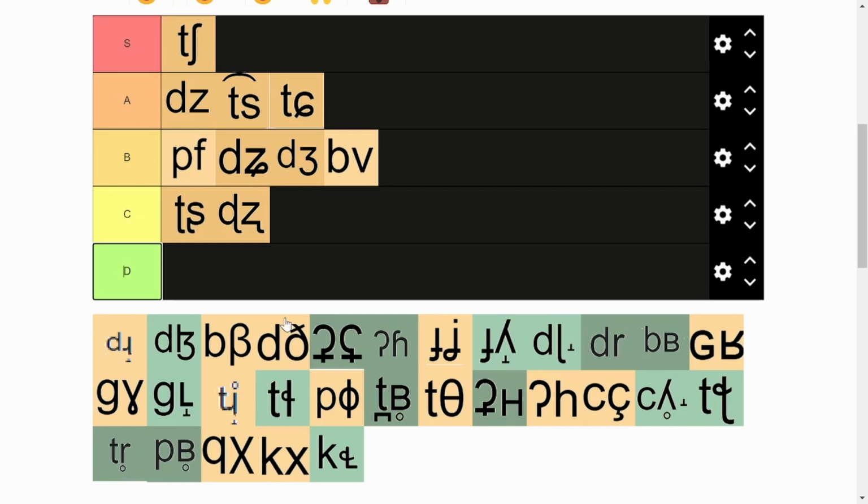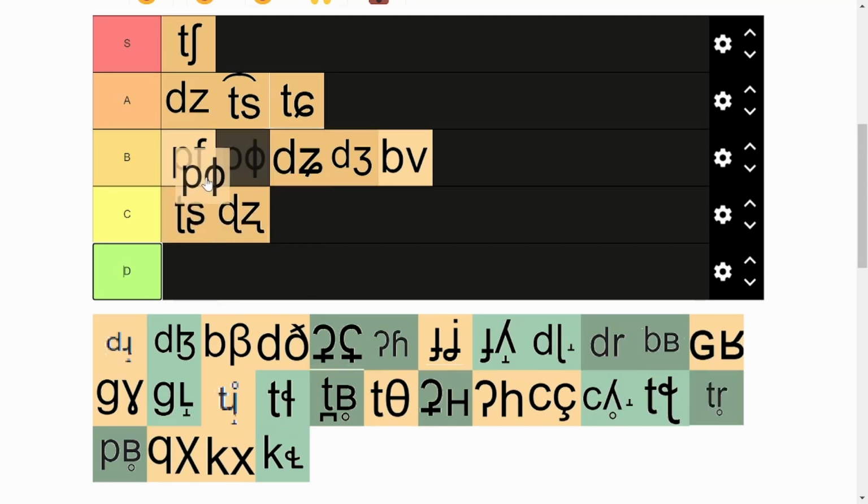I would put it either low A or high B. I'm going to put it B in that case. Do you want it before or after the Pf?